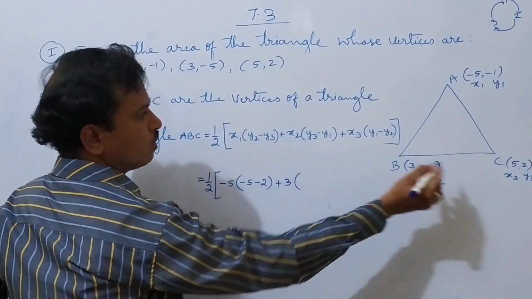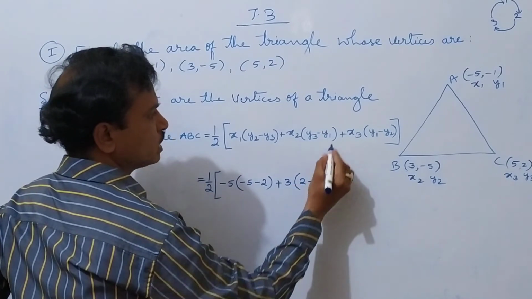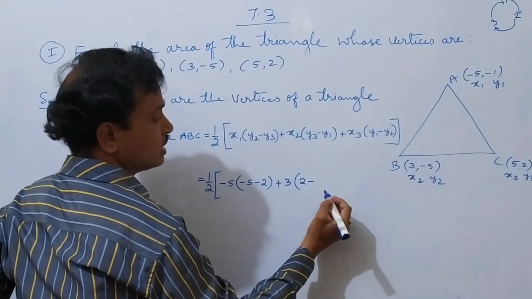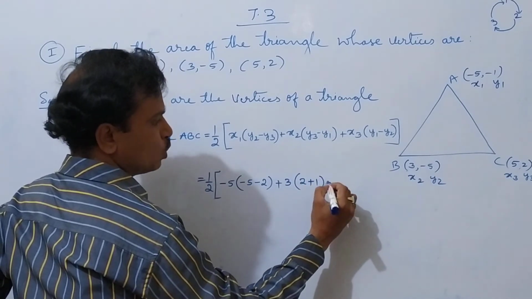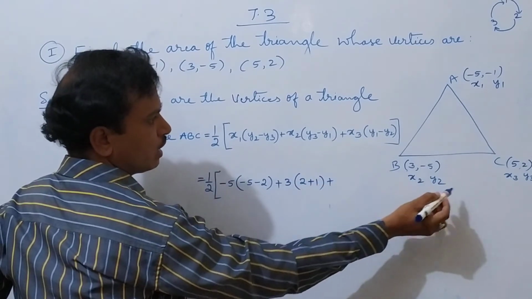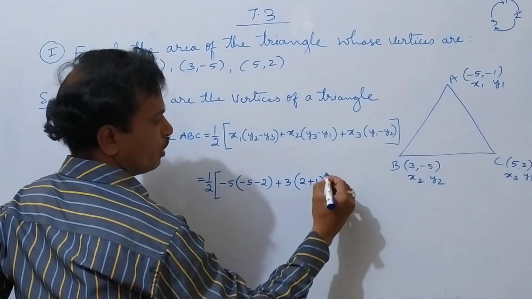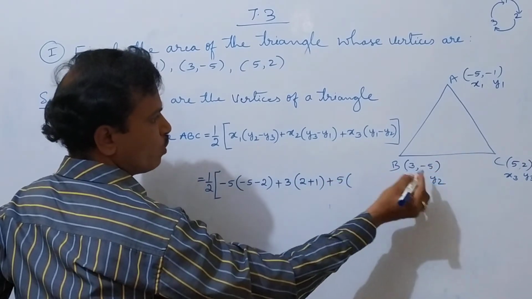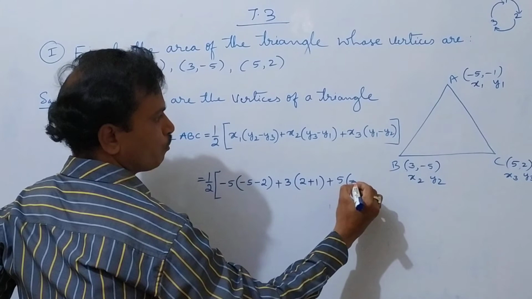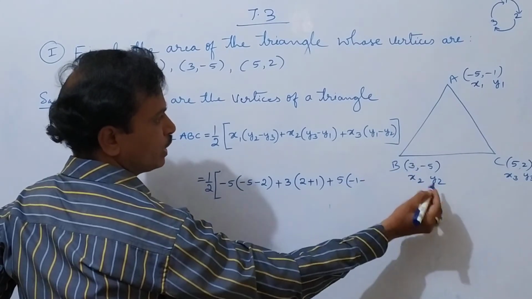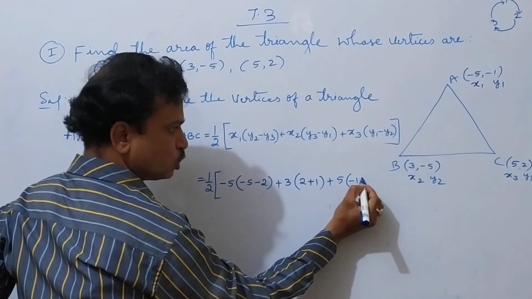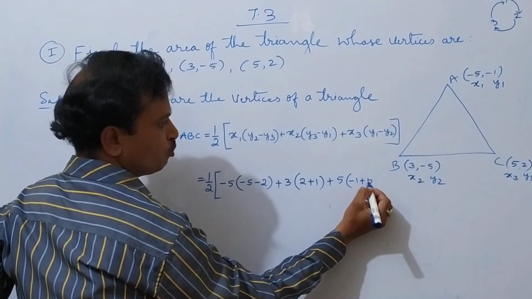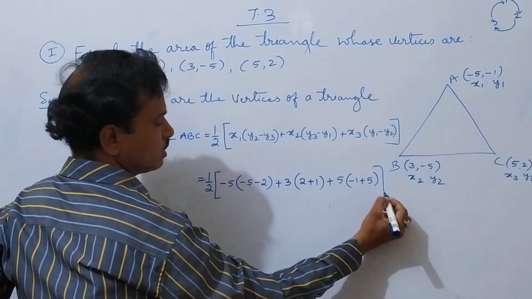Then y3, 2, minus y1. Minus 1 is there, so already here is minus; minus into minus, plus. Now x3 is 5. y1 is minus 1, minus y2. y2 is minus 5, so minus into minus, plus, so 5. Close the square bracket.